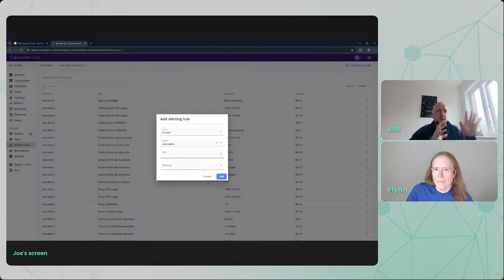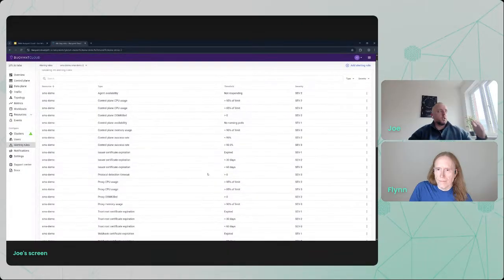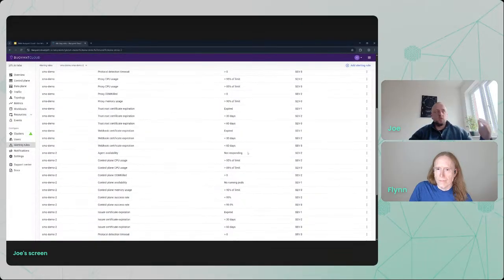Having the right information surfaced as early as possible is imperative. But like you can see in the background, there's quite a lot that comes out of the box with appropriate severities set, and you can change them if you need to.